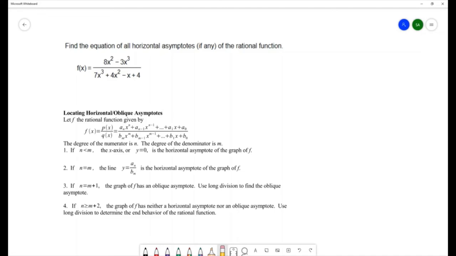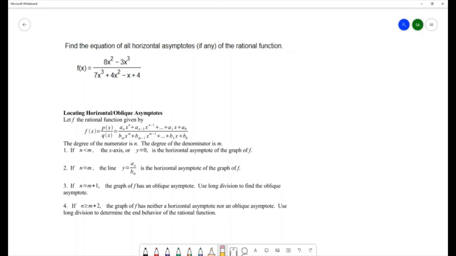So instead of us learning this operation that is for a later subject, what we have is a summary of different rules to handle different situations related to horizontal asymptotes, specifically for rational functions.